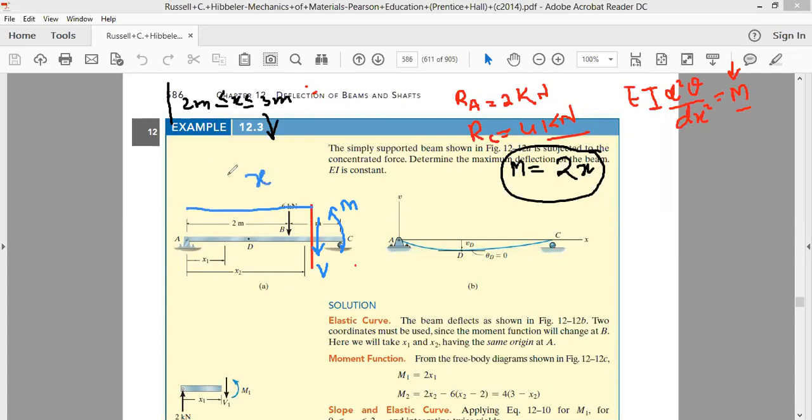Now for this section, our x is restricted. The value of our x goes from x equal to 2 to x equal to 3 meter. That is, in this region, our x varies from here to here.